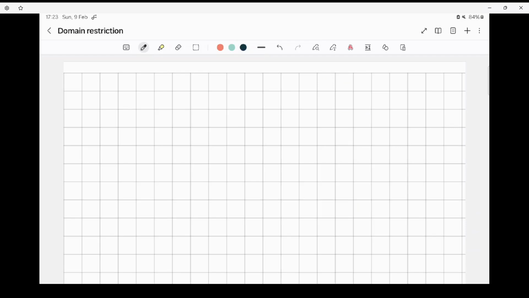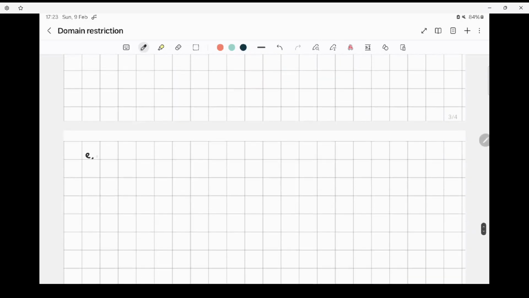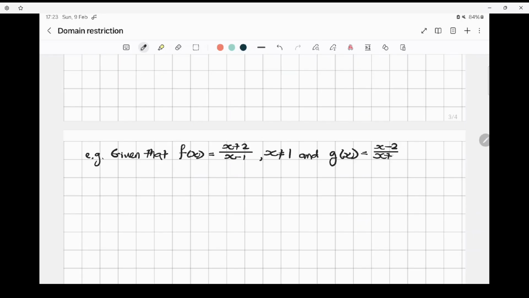The second example that I would like to show is this example. Given that fx is x plus 2 over x minus 1, so we know for sure x cannot be equal to 1, and gx is x minus 2 divided by x plus 1.